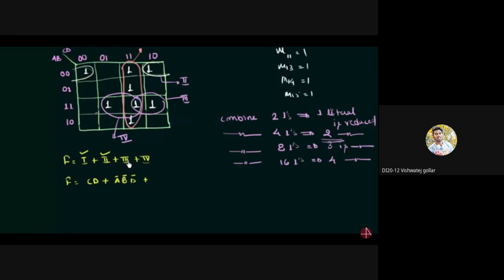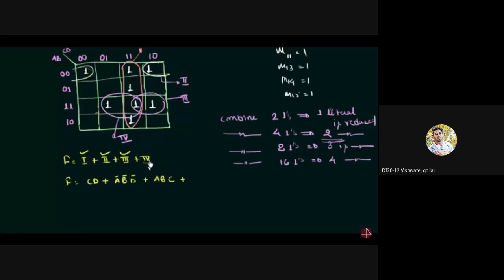Now we will see the third prime implicant, this one. In this also, AB is the same, whereas D is changing from 1 to 0, and C is also the same. So we'll neglect D and write C. So we are done with the third prime implicant also.